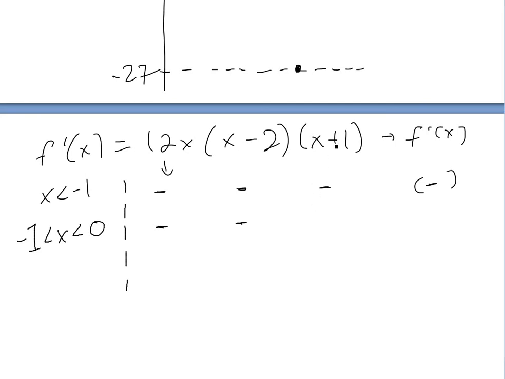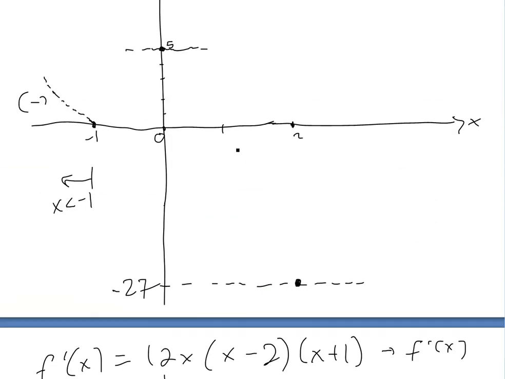And now here, this one's going to be positive, because x is greater than -1. So then this one is negative times negative, which is positive, and then times another positive is positive here. So then here it is going to go up like this. It's supposed to be 0, it's not. Okay, it's supposed to be like that. So we're going to have something like this. This is positive.